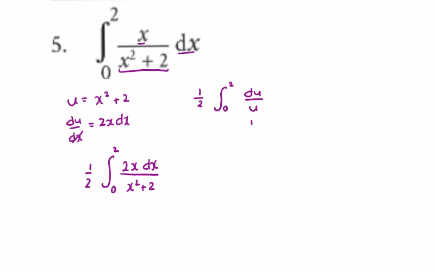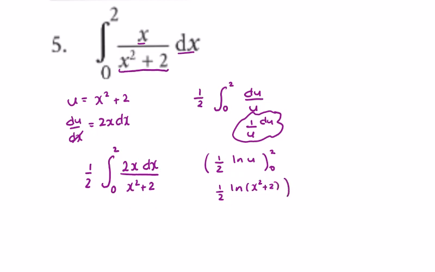So this is the same as 1 over u du, which if we integrate, we'll get the natural log of u. So we're going to have a half times the natural log of u between 2 and 0, which is a half times the natural log of u, which is x squared plus 2, between 2 and 0.